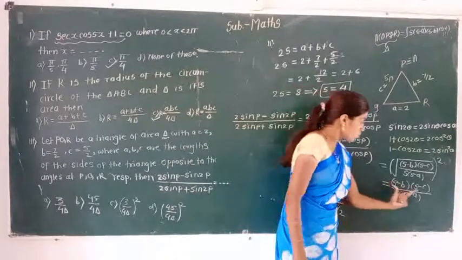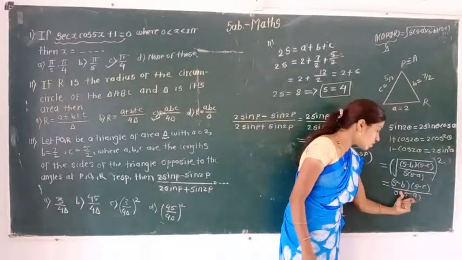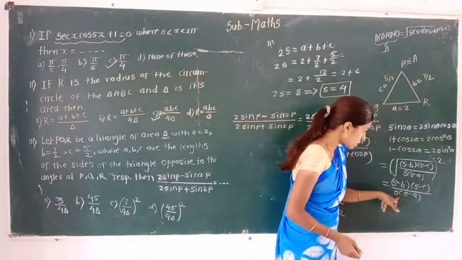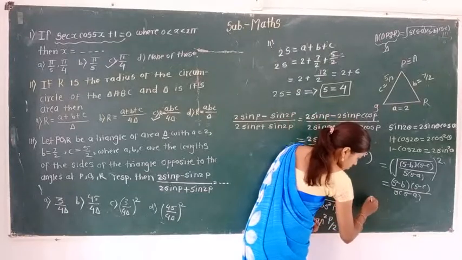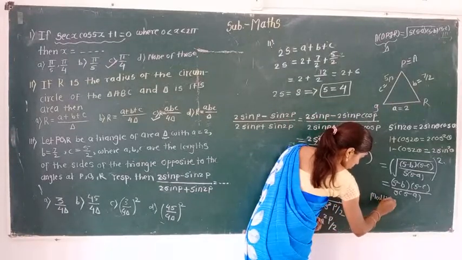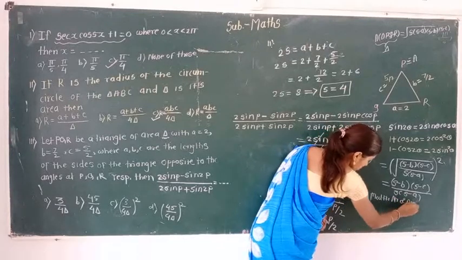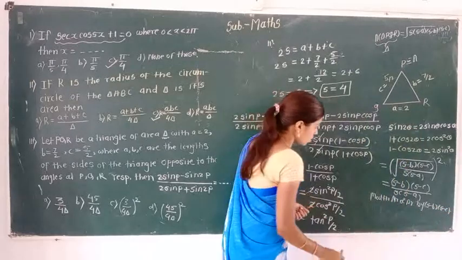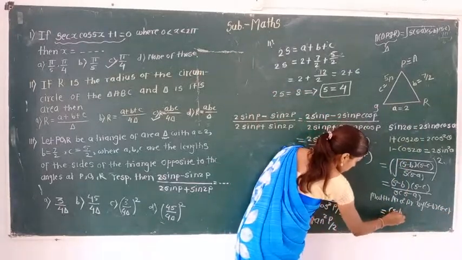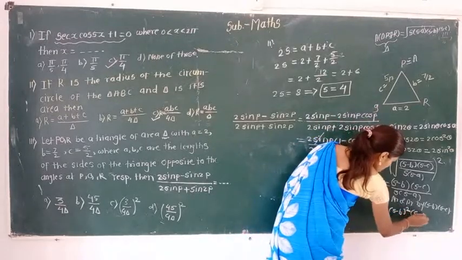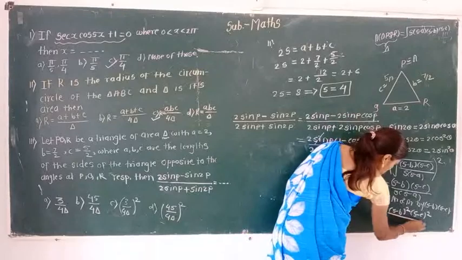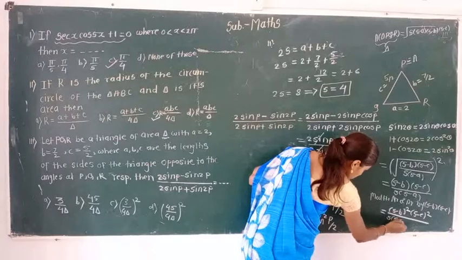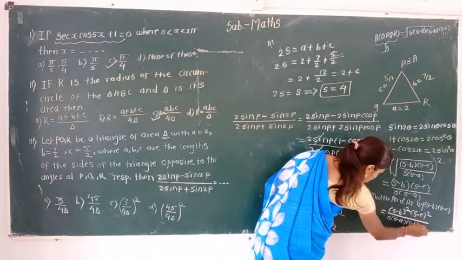So first of all we have to adjust S minus B into S minus C. So multiply numerator and denominator by (S minus B) into (S minus C). Then we can write (S minus B) bracket square into (S minus C) bracket square, whole term divided by S (S minus A)(S minus B)(S minus C).